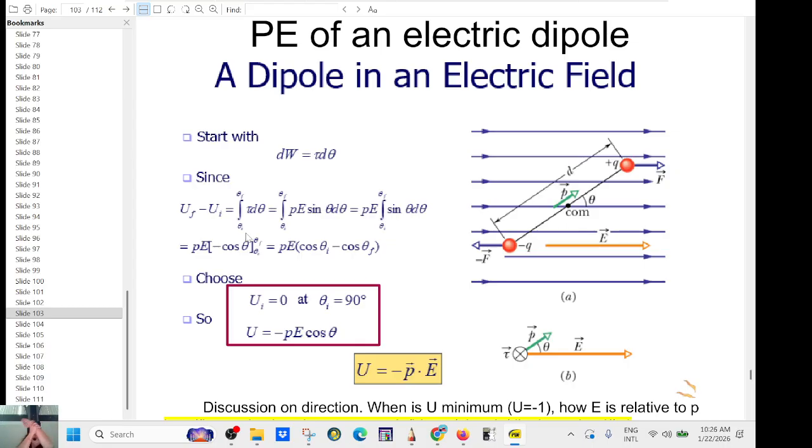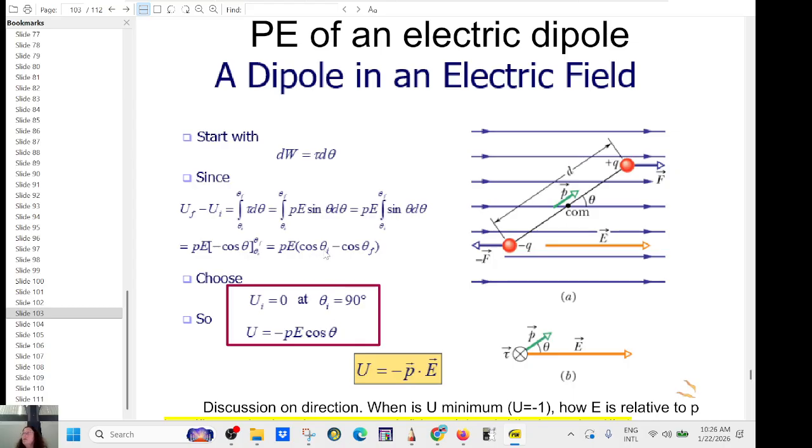The torque that you're applying transfers energy from you to the dipole, and that's how we can find the potential energy. You can see how it's done here.